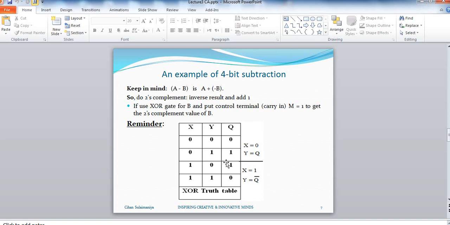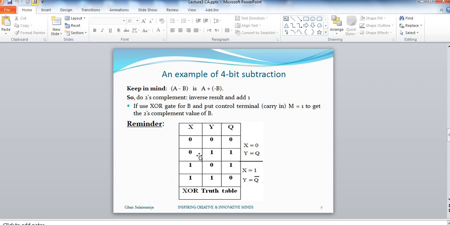Now if you notice, if X is 0 and Y is 0, the result is 0. If X is 0 and Y is 1, the result is 1.